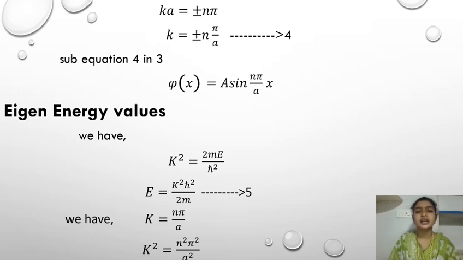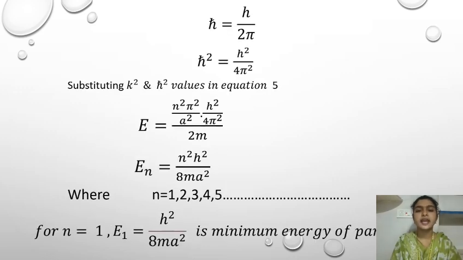Eigen energy values. We have k square equals 2mE by h cut square. E equals k square into h cut square by 2m, that is equation 5. We have k equals n pi by a, where k square equals n square pi square by a square. We have h cut equals h by 2 pi, where h cut square equals h square by 4 pi square.